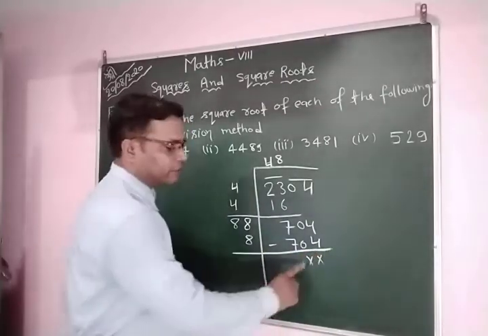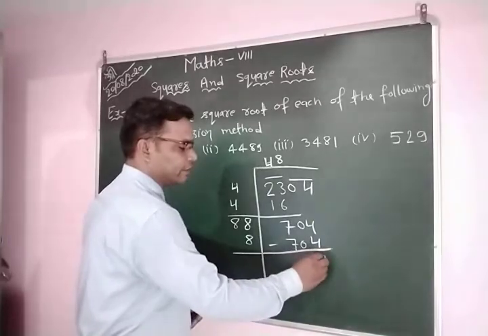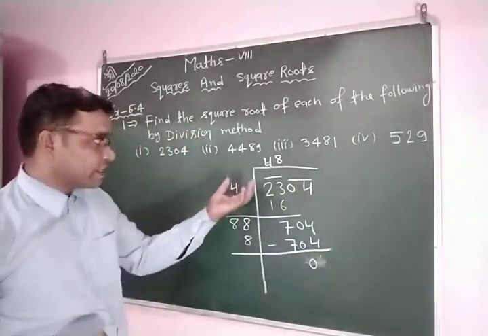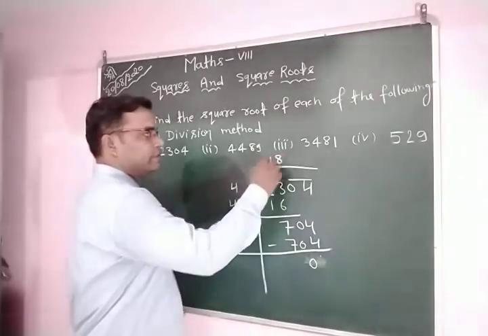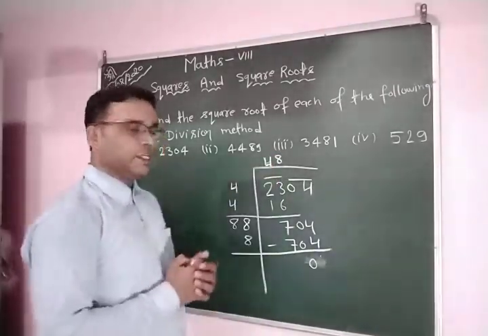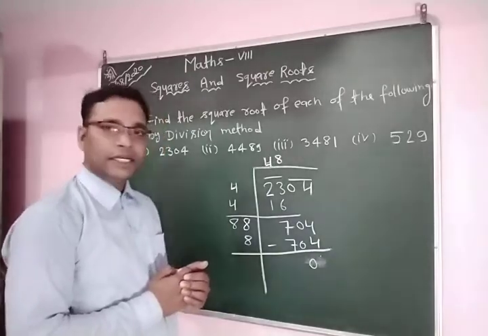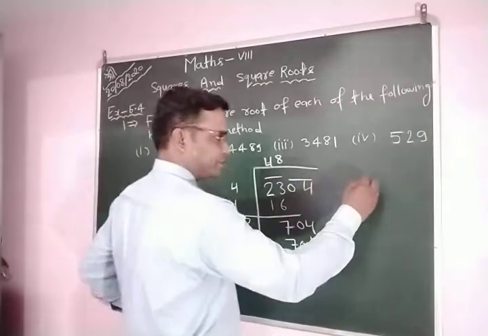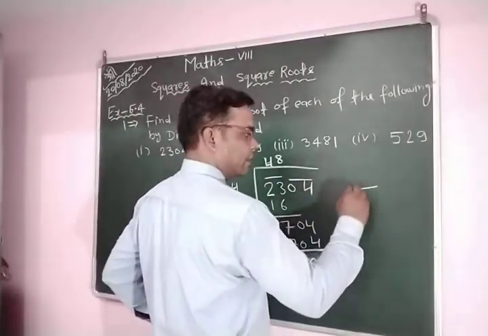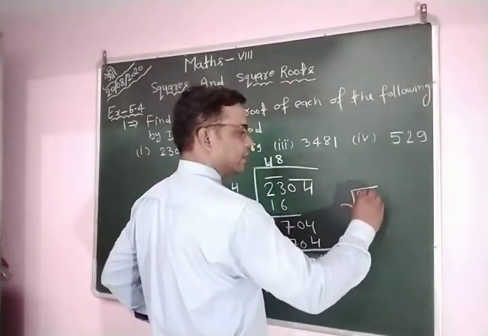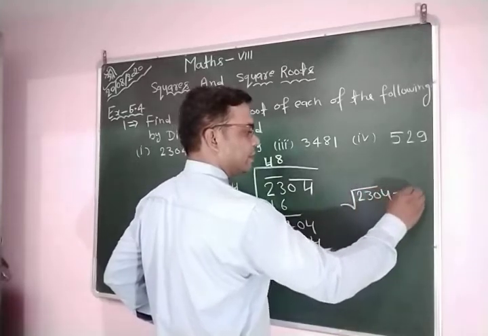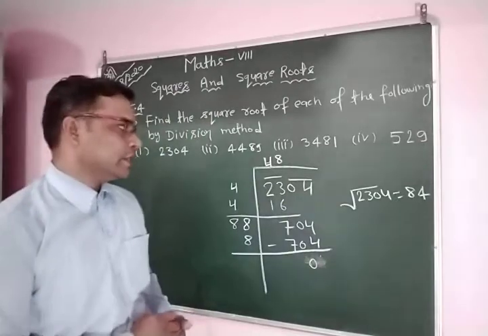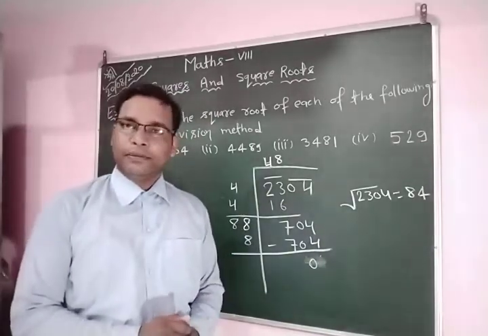Now you can see here the quotient is 48. So 48 is the square root of 2304. Therefore, the square root of 2304 is 48. In this way you find the square root by the division method.